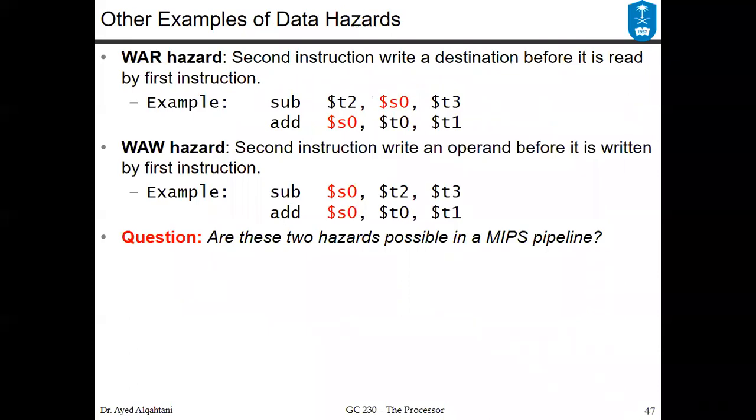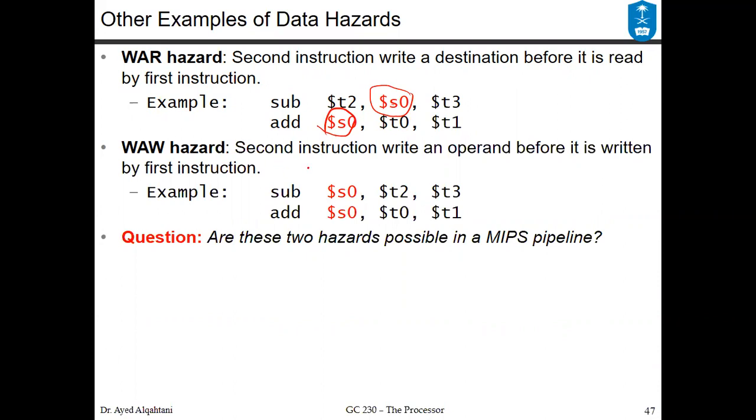Now, for the other types of data hazards, we have the WAR hazard and the WAW hazard. For the WAR hazard, the second instruction writes the destination before it is read by the first instruction, which means you read first. Here we read S0, and then in the second instruction, you write S0.